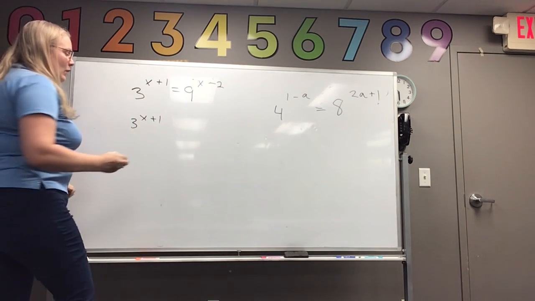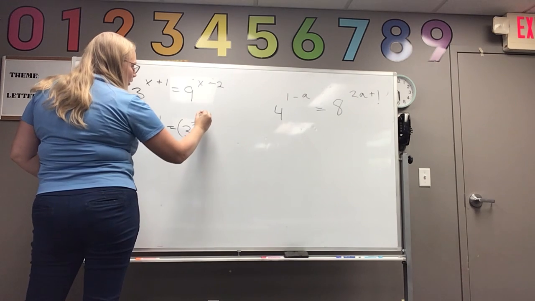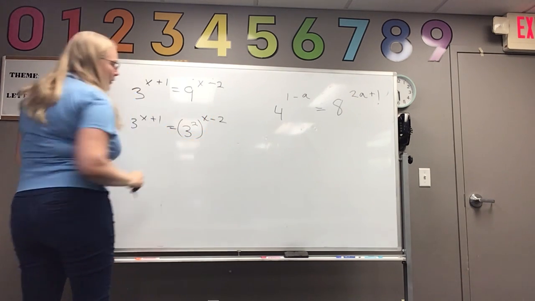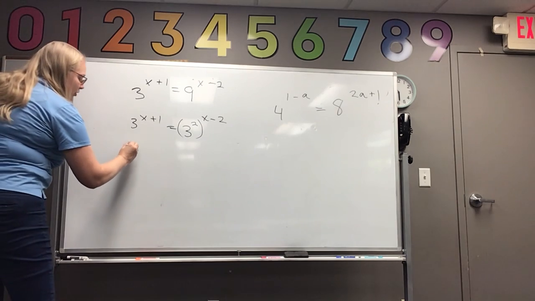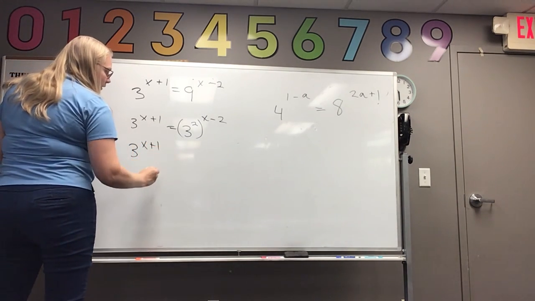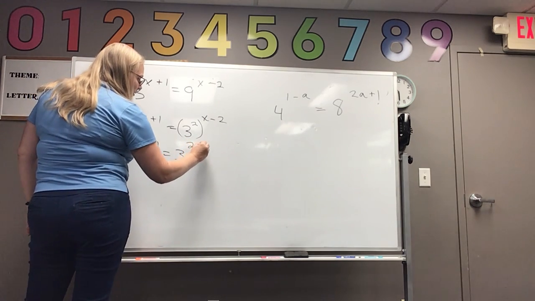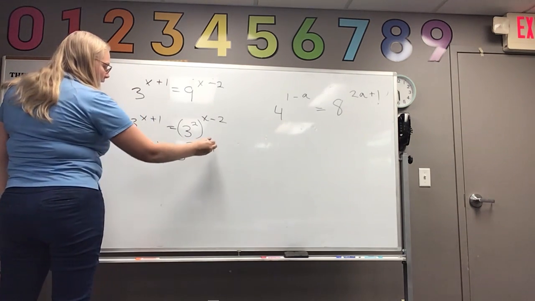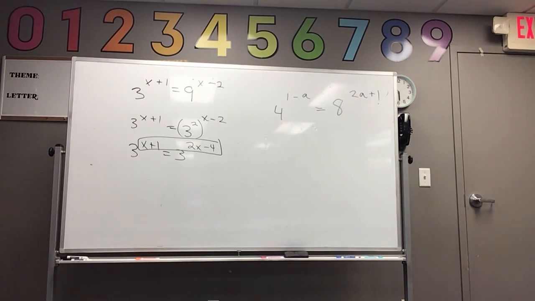But this 9 we can turn into 3 squared. And we already talked about exponents to a power are just multiplied. And so this becomes 3 to the x plus 1 equals 3 to the 2x minus 4. And so this is what you're solving. It just turned into an Algebra 1 problem.